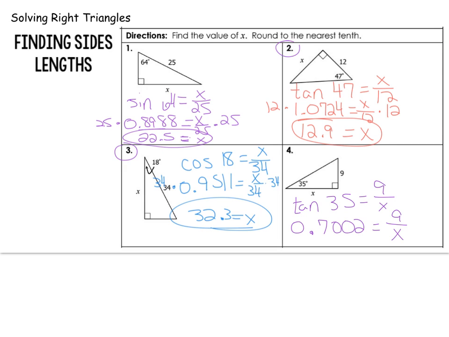We can multiply both sides by x to get x out of the denominator, and we get 0.7002x equals 9. Now we have to divide both sides by 0.7002, okay? So 9 divided by 0.7002, and I get x is approximately 12.9, okay?